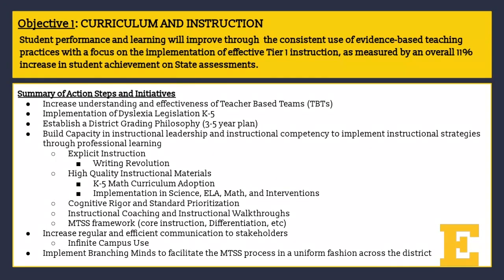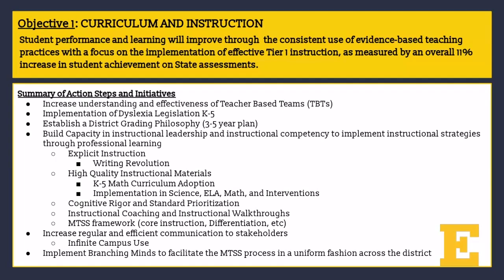The first objective is a curriculum and instruction objective. And within this objective, we're really focusing on intensifying our use of explicit instruction. We're focusing on our dyslexia legislation and how we're implementing that.